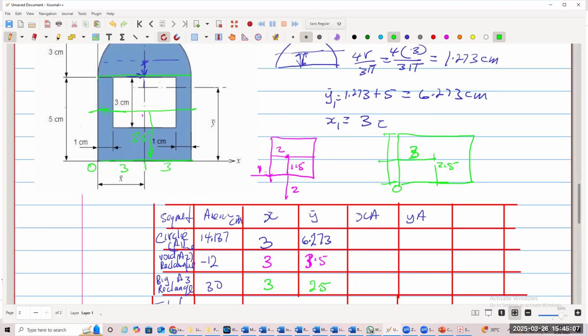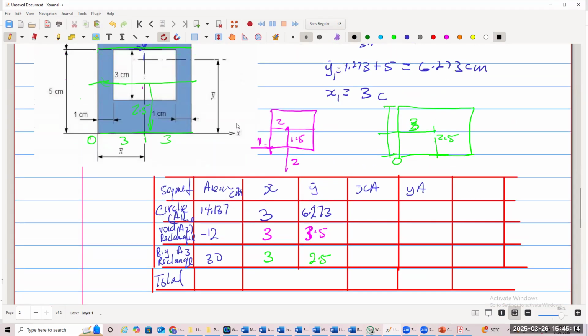All right, so from that now we can get a black writer and go in the column. Anything in minus now? We have the minus here already, so that follows. All right, we're going to do them now. 14.137 times the first column, how much does that give you? 42.411, times 3.